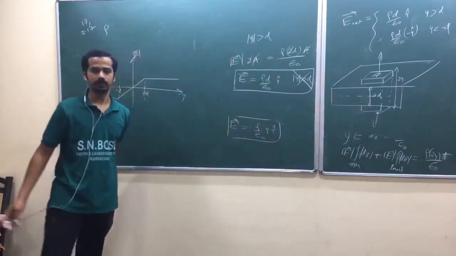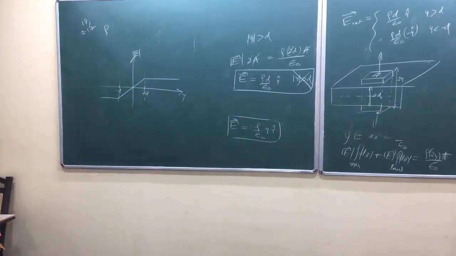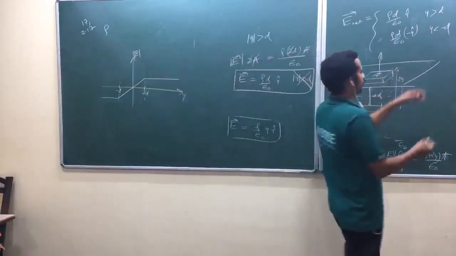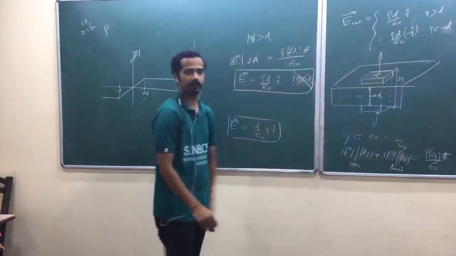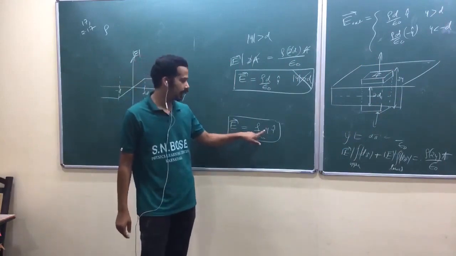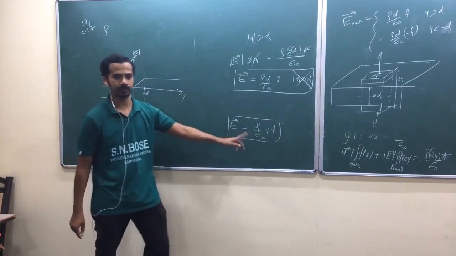You have to initially argue our electric field should be away from this slab, wherever you take. So that's why, in the region below this slab, y less than minus d means the region below this slab. But in between it will take care, look at here, this y variable will take care of the direction. You don't have to worry about that.